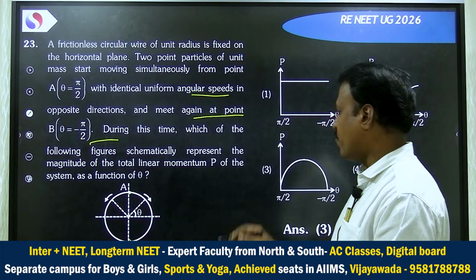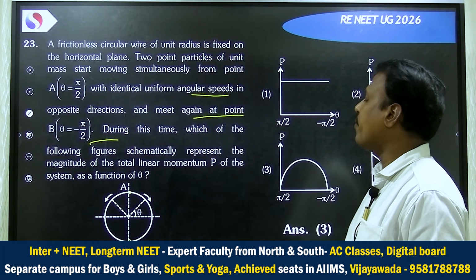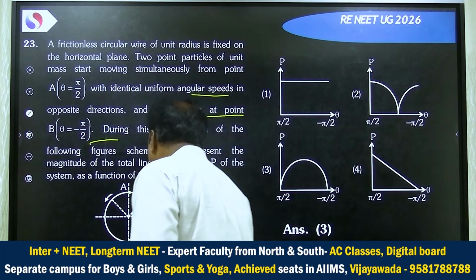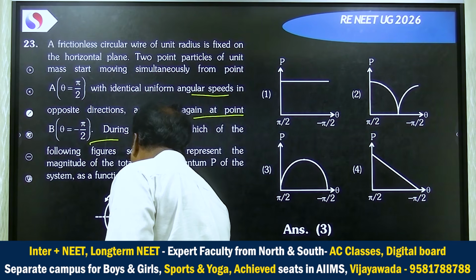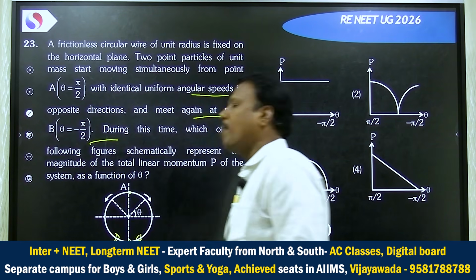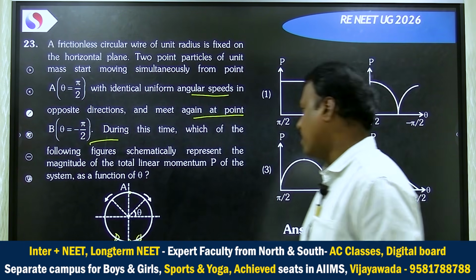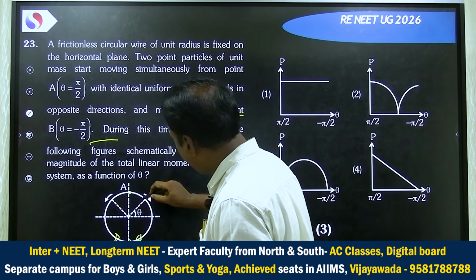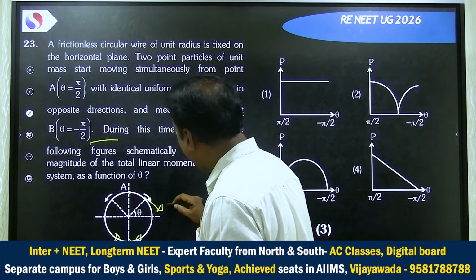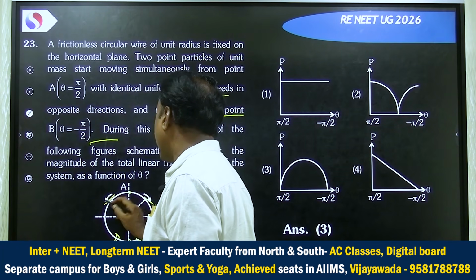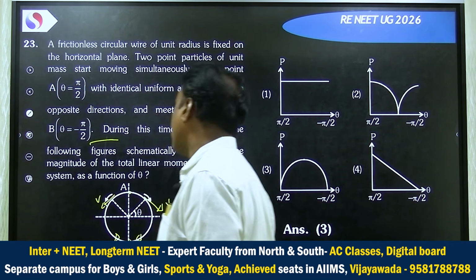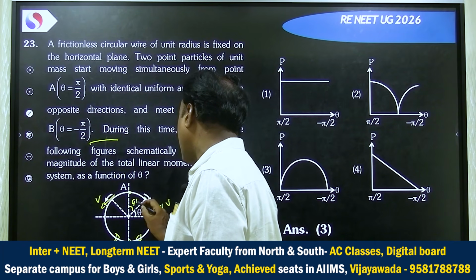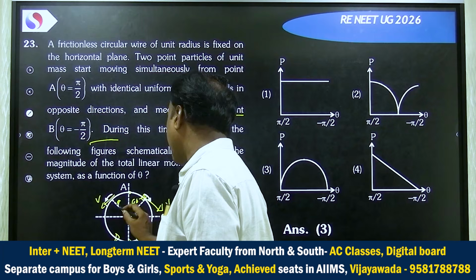In both cases, when they start from A, their momentums are in opposite directions, and when they are going to meet, there also their momentums will be in opposite directions. So in this particular case, take linear velocity v here and linear velocity v here, and take this angle as theta and this angle as 90 minus theta.